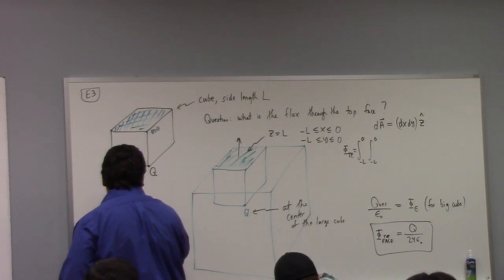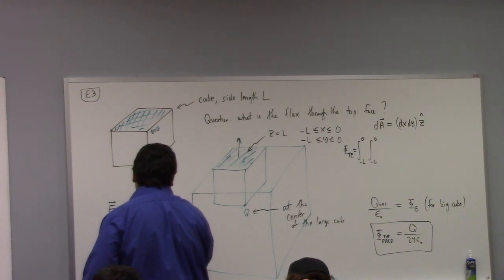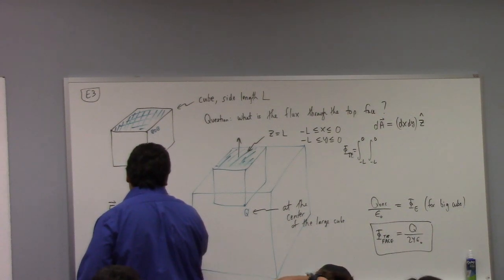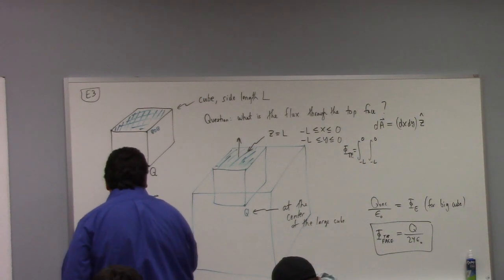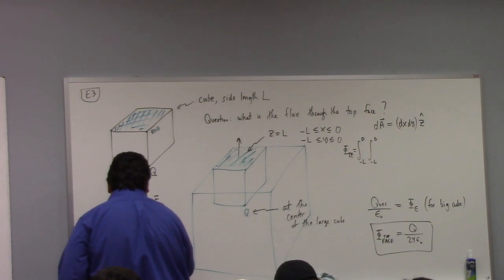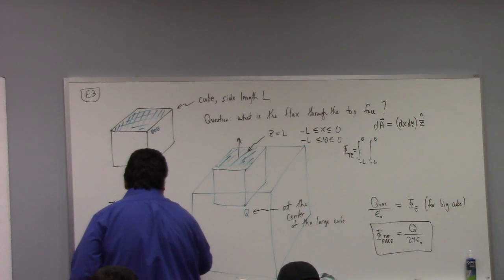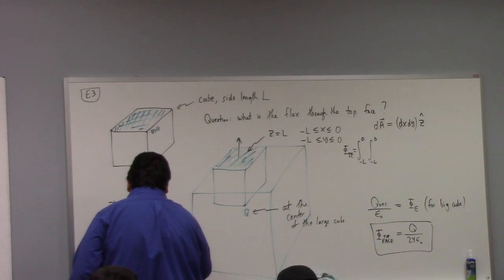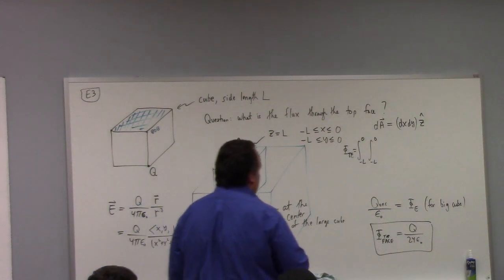It is Q over 4 pi epsilon naught times r vector over r cubed, which in this case is Q over 4 pi epsilon naught times x, y, and z equal to L, with x squared plus y squared plus L squared to the 3/2 power downstairs.